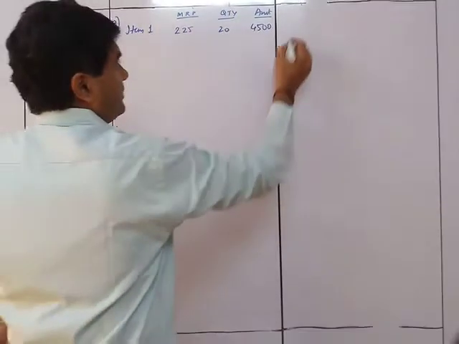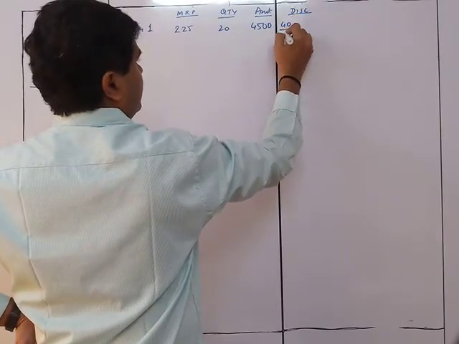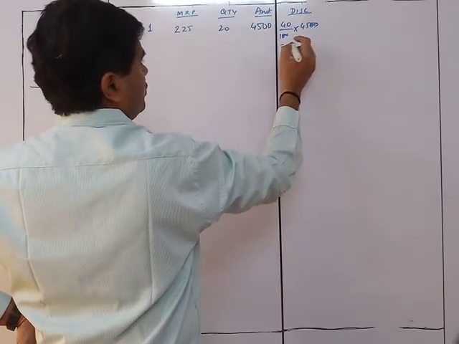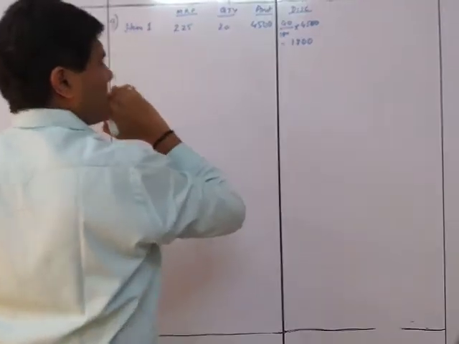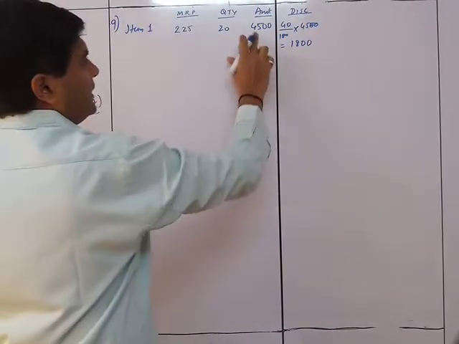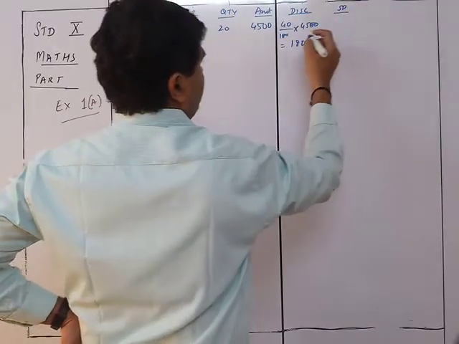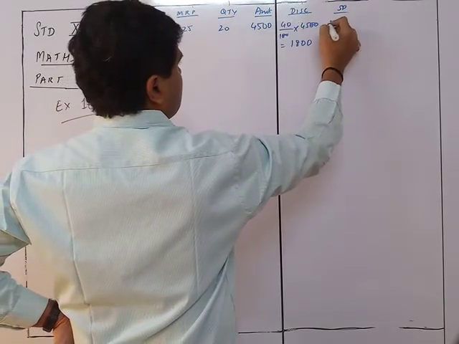The discount is 40%, so 40 upon 100 into 4500 is going to be equal to 1800. Accordingly, the SP is going to be the subtraction of the two, that is 2700.